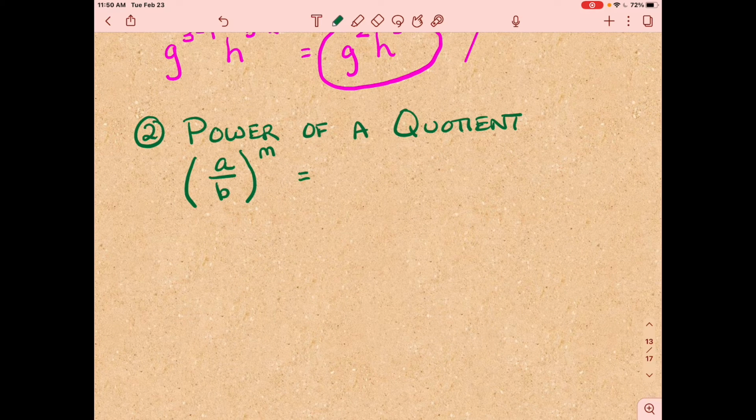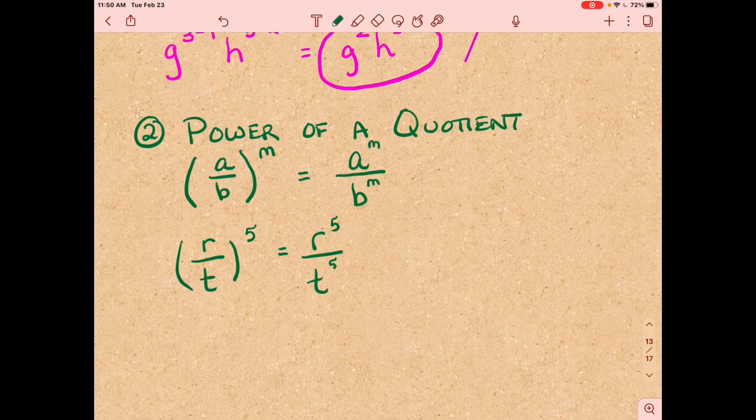And just the same as the one that we did on Monday, we will apply the exponent on the top and the bottom to each piece inside the parentheses. Another example of that would be something like this. R over T to the 5th is going to be R to the 5th over T to the 5th.